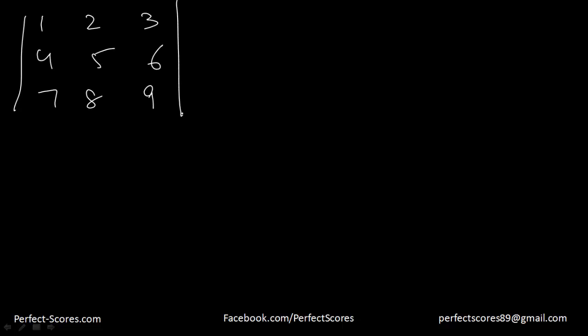I'm just going to do one more example with you. Let's suppose we take the matrix 1 2 3, 4 5 6, 7 8 9, and I want to find its determinant. Let me fix up this first row, because it looks like an easy one: 1, 2 and 3.